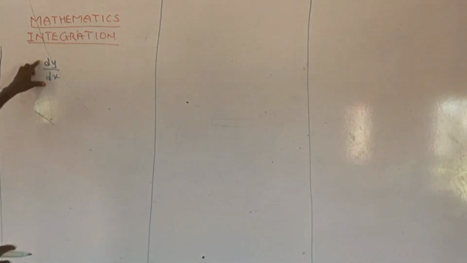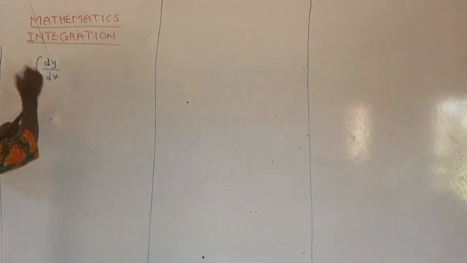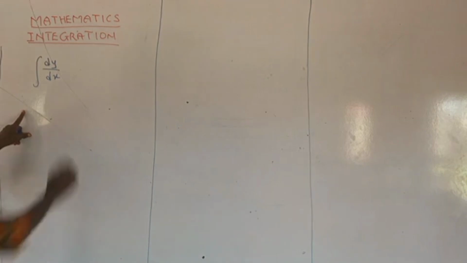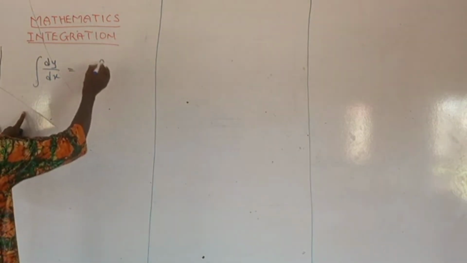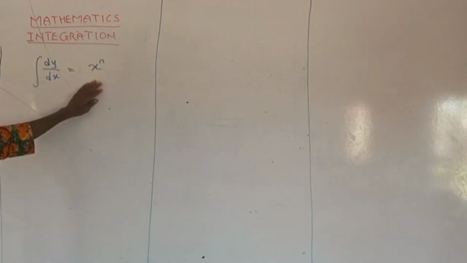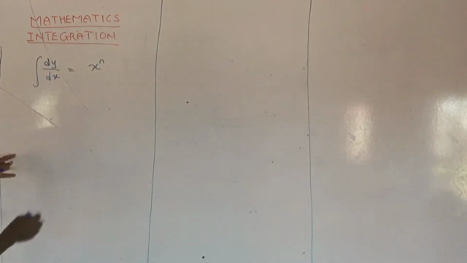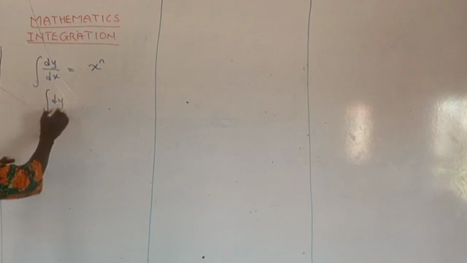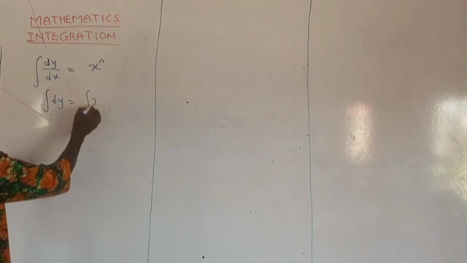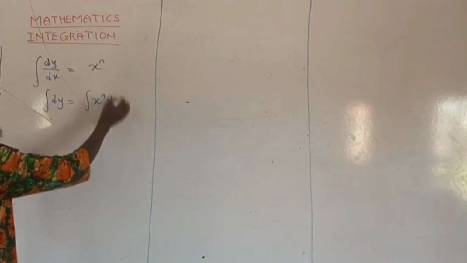Then we introduce the symbol of integration, which is a long S. Let's say y equals x raised to power n. I want to integrate this. Let me cross multiply. If I cross multiply, I have integral dy is equal to integral x power n dx.